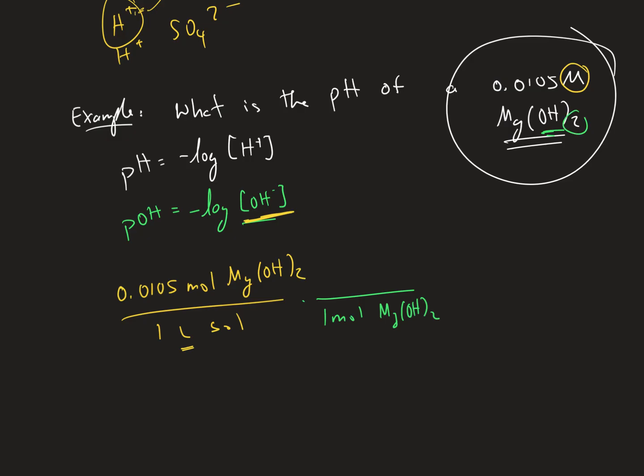Y'all with me? 2 moles of OH minus. That cancels. Now we have concentration of OH minus. And now we can plug this into this formula. Does that make sense?